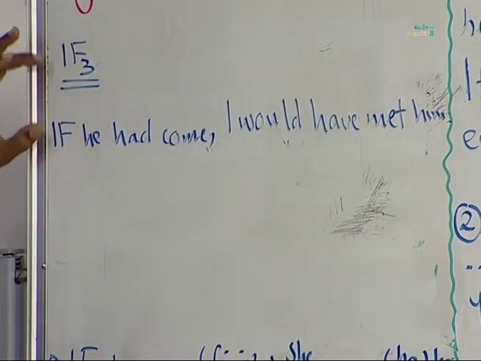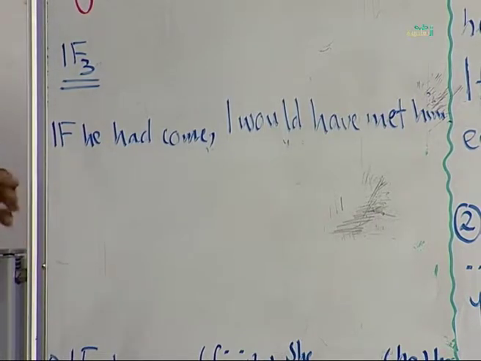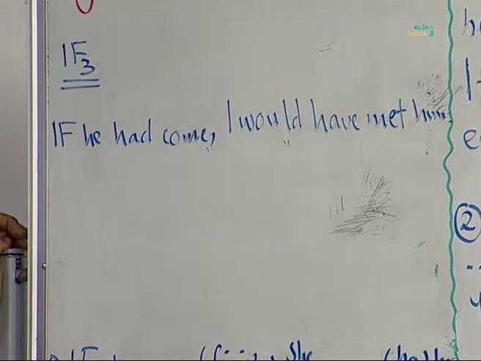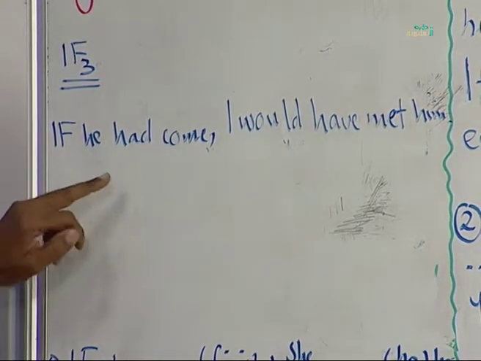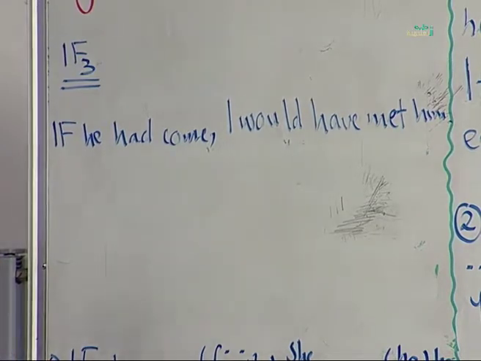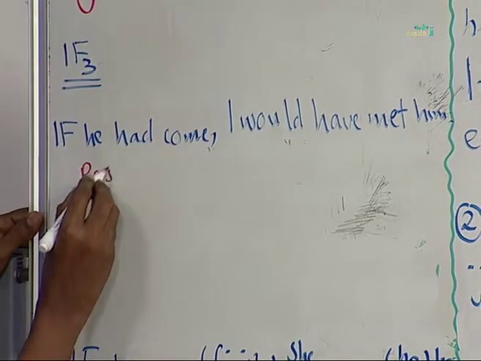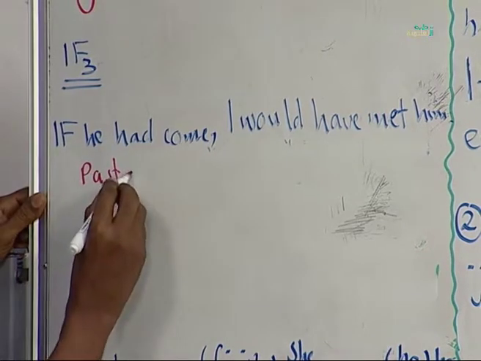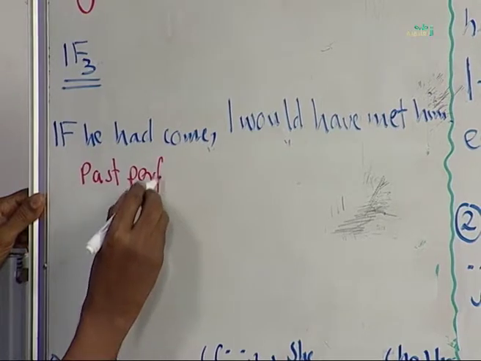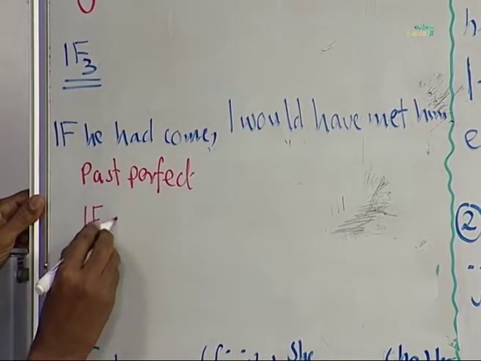Conditional 3, or sentence type 3, or if 3, we talk about something that is unfulfilled in the past. According to it, with the if clause, we have the past perfect. As you see, this is what we call the if clause.